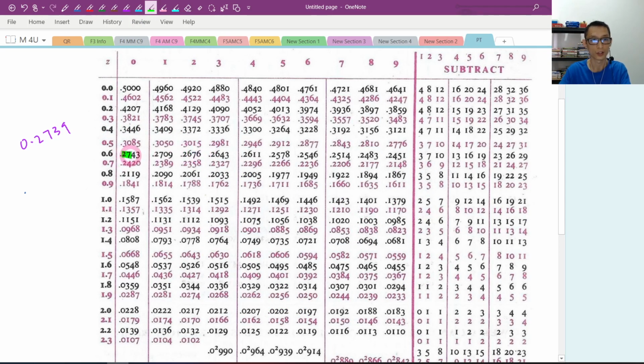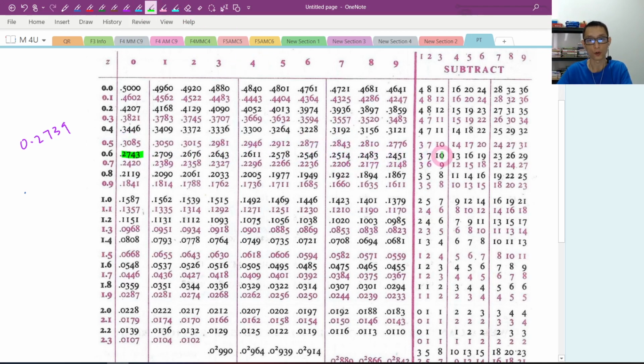We don't have 2739. We just choose a number which is slightly greater than it. 2743. Right? 2743 minus 2739, we actually get 4. Means that we want to minus 4. Do we have 4 here? Okay, no, sorry. Not this one.